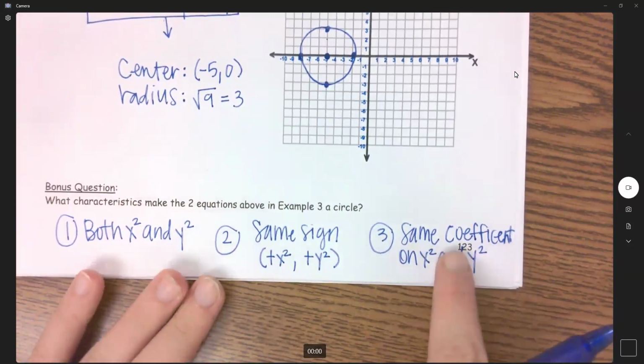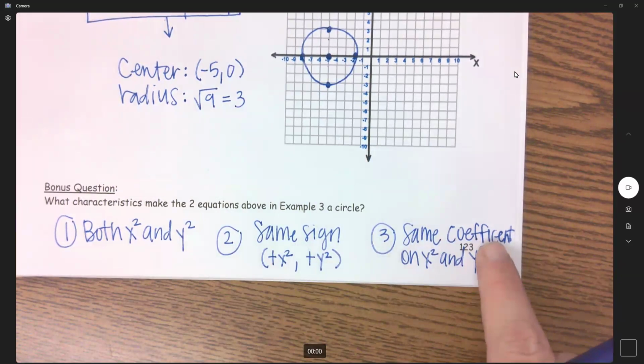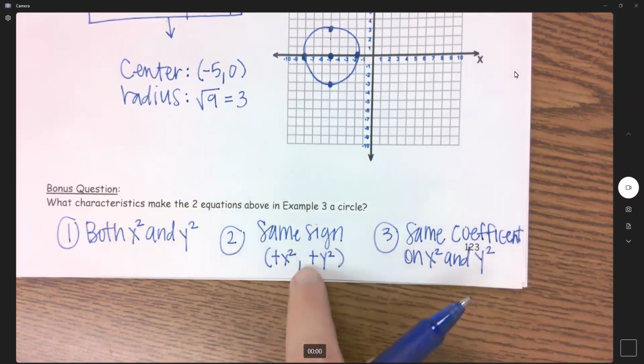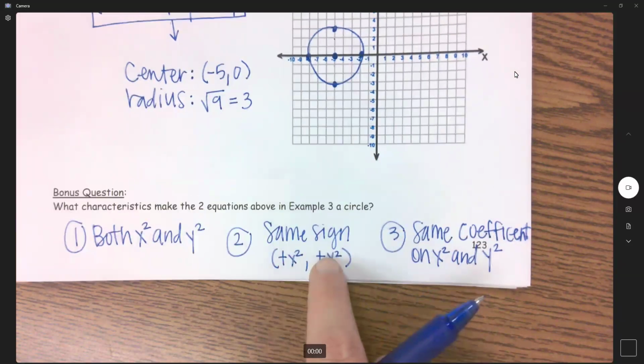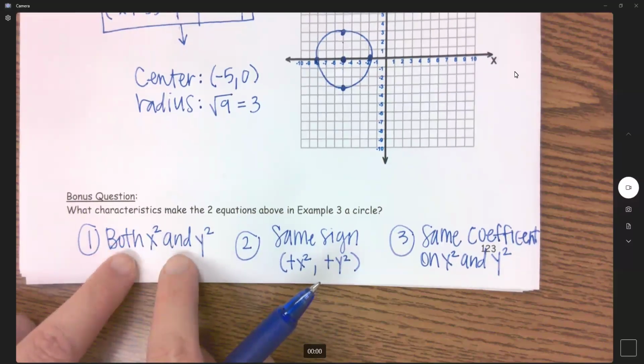That same coefficient with the positives is what makes it equal distance all around. So as these coefficients become different, that's going to be an ellipse. When these signs become negative or different, when one's negative and one's positive, that's a hyperbola. And when you only have one x or y squared term, that's going to be a parabola.